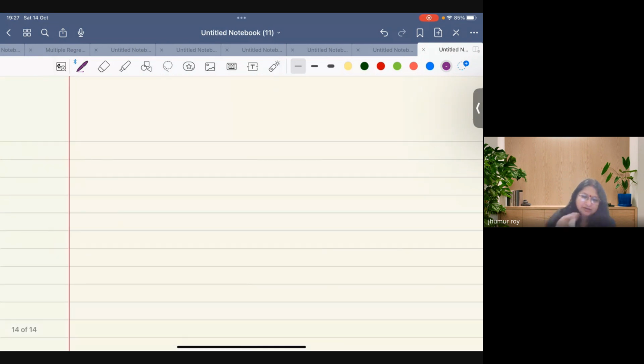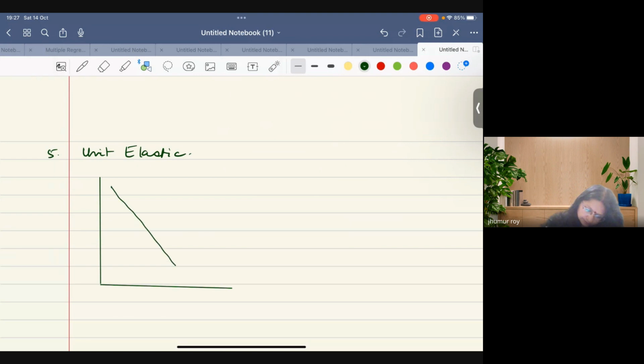And the last kind of elasticity of demand is called unit elastic demand. And in unit elastic demand, let me draw the diagram first. So here we say an equal change in price and equal change in quantity.